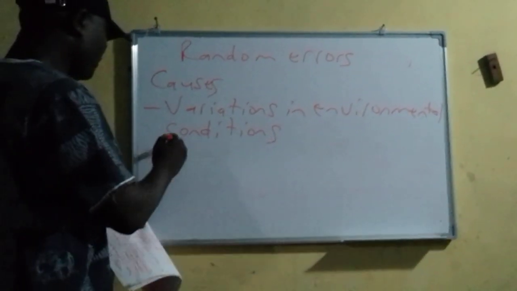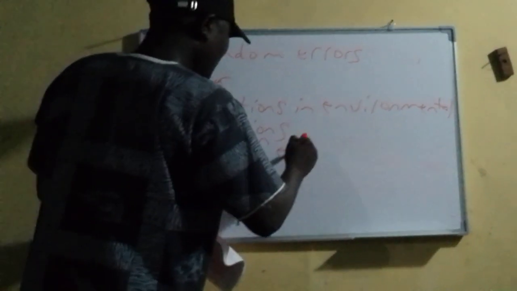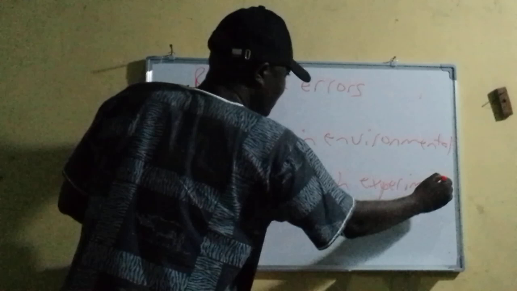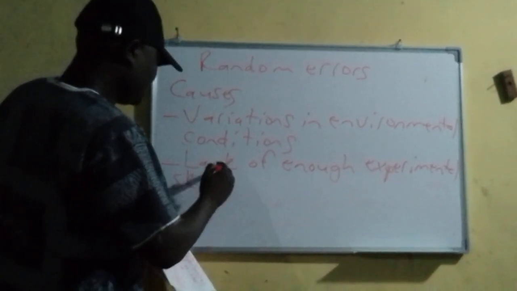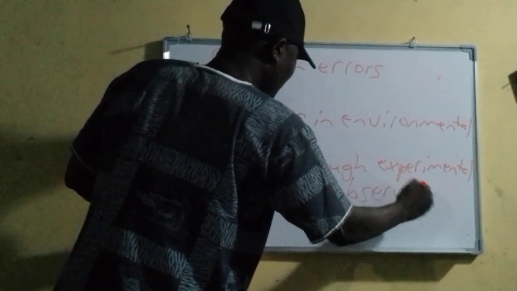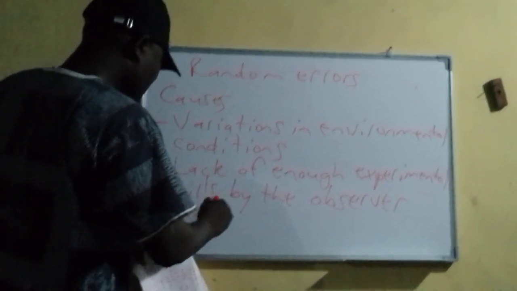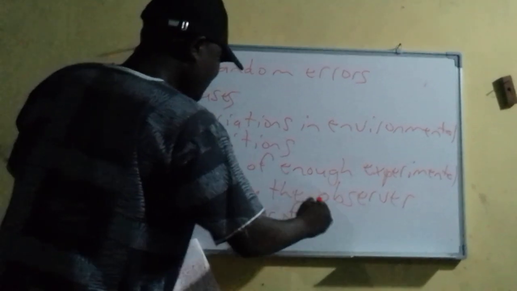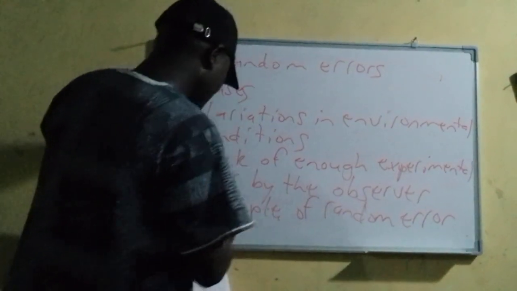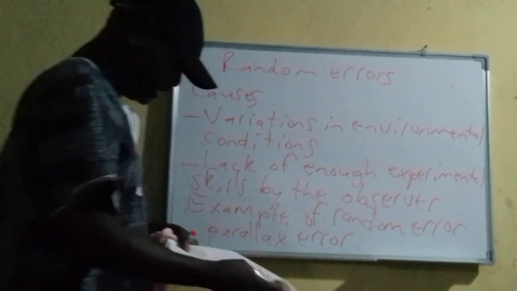Also, lack of enough experimental skills by the observer. Such things can be causes. Examples of random error: parallax error can result in random errors.